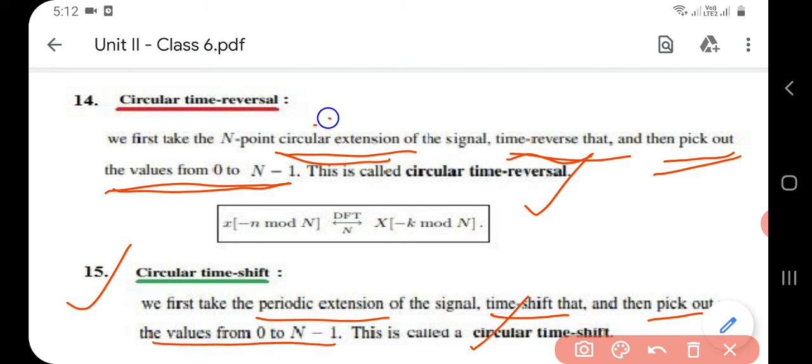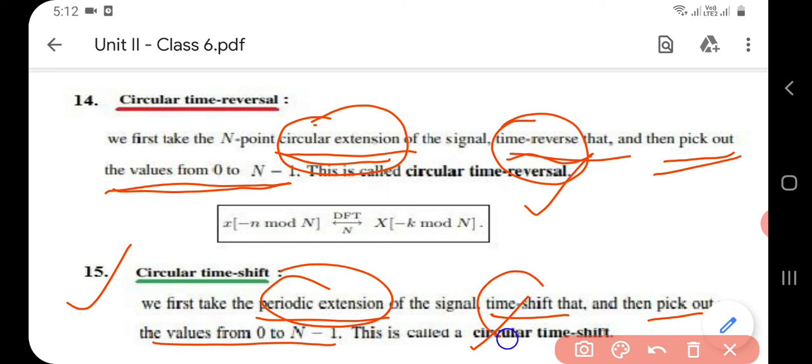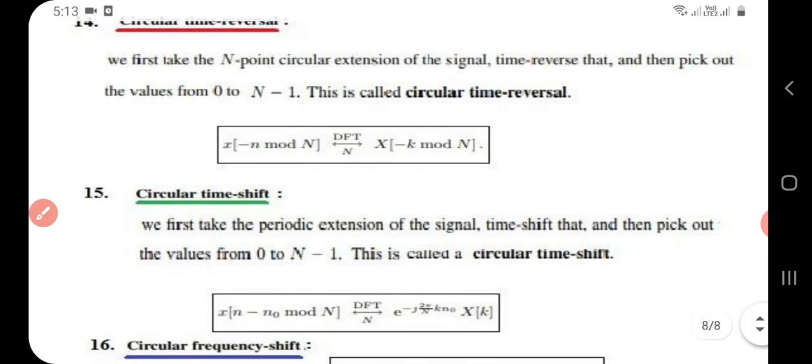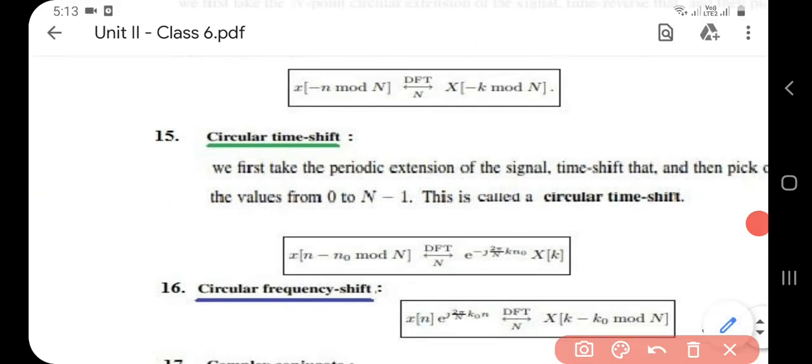The only difference is that here you are applying circular extension, here periodic extension. Here you are applying time reversal, here you are applying time shift. Then you are picking a value from 0 to n minus 1. So in the first case it will be termed as circular time reversal given by this expression. In the second case it is called circular time shift, and it is given by this particular expression.